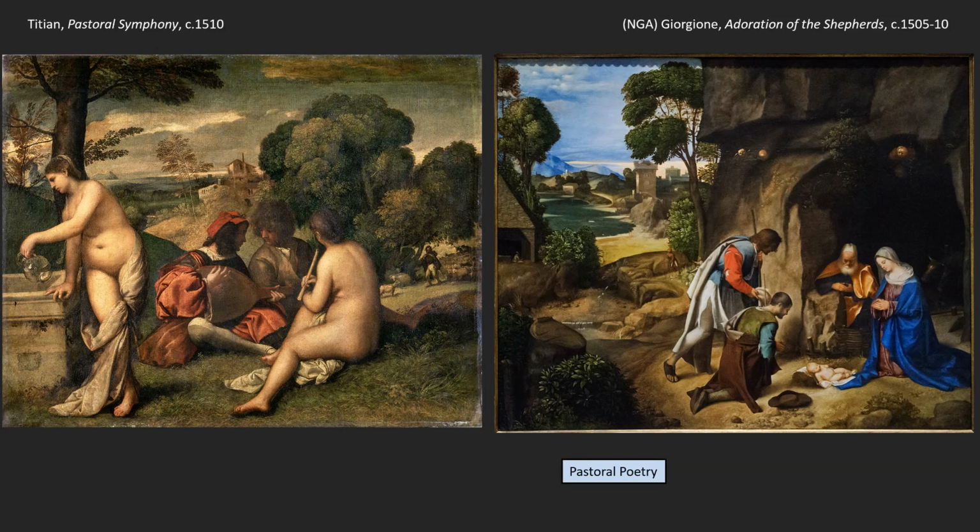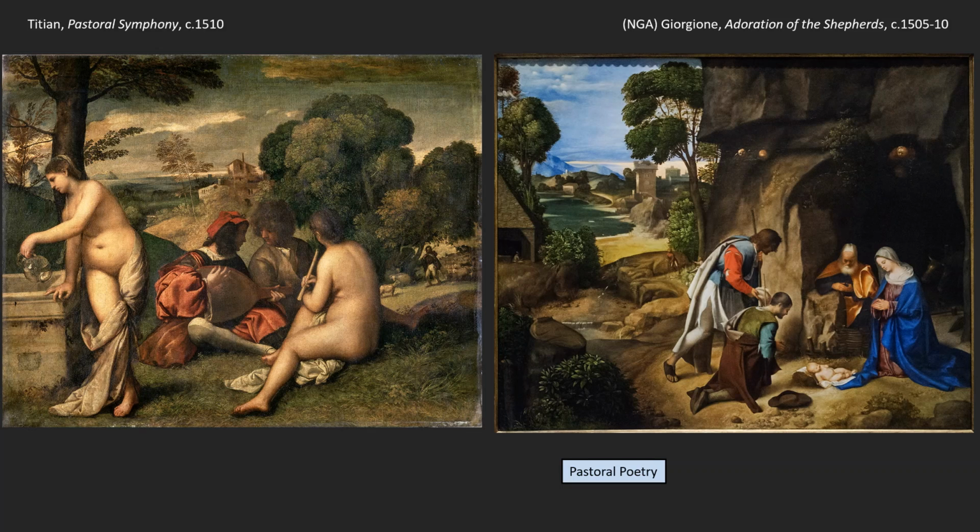But you can see in this famous picture from the Louvre in Paris that Titian shares Giorgione's interest in pastoral themes, in themes of going out into the landscape to discover a life that is unspoiled by progress, popular in Rome and now again in Venice.